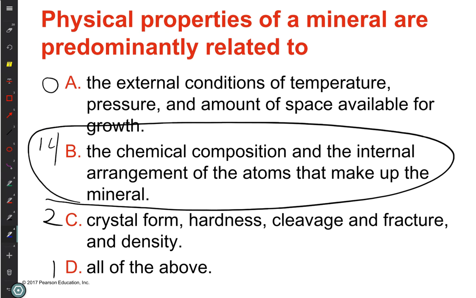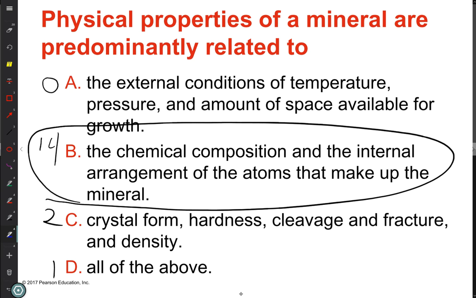So who wants to explain? I'm not going to draw a card. Who wants to explain why it's B and not A or C or, of course, D? Hannah. Well, it can't be D because you said predominantly. And predominantly, the chemical composition would determine the physical properties, because C is like the list of the physical properties, right?